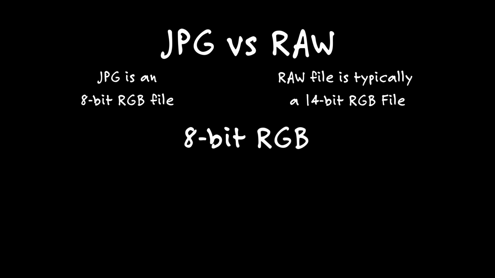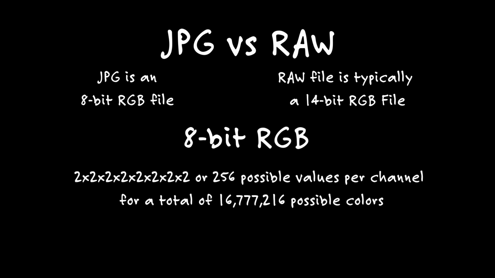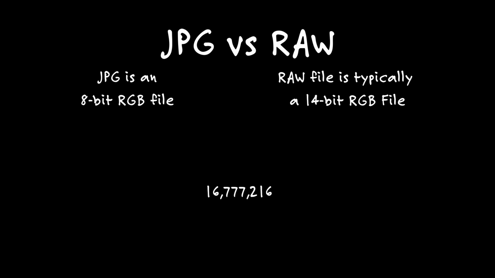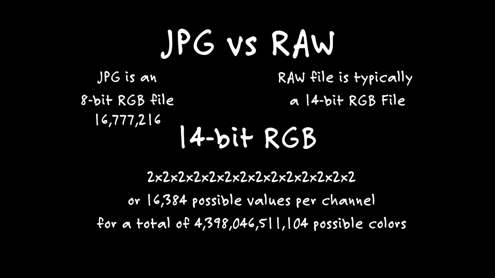So, an 8-bit RGB JPEG file has 2 times 2 times 2 times 2 times 2 times 2 times 2 times 2, or 256 possible values per channel, for a total of 16,777,216 possible colors.